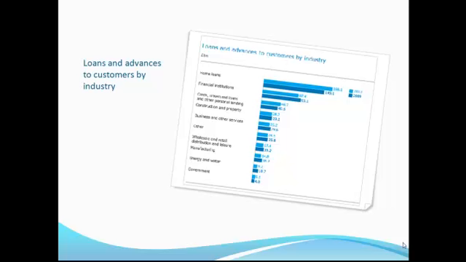And you can see the financial institutions figure decreased. These are all the loans and advances to the customers by industries.